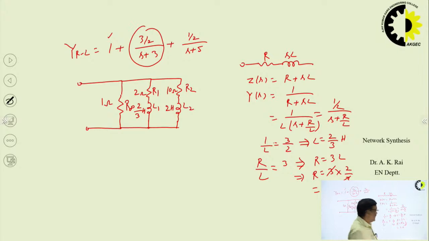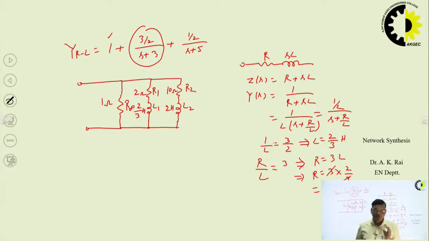Okay. So this is the YRL. YRL we can find using these properties, and this property is also for the ZRC. So suppose in the question the admittance function is given and you are required to find the RC Foster form of the RC network.